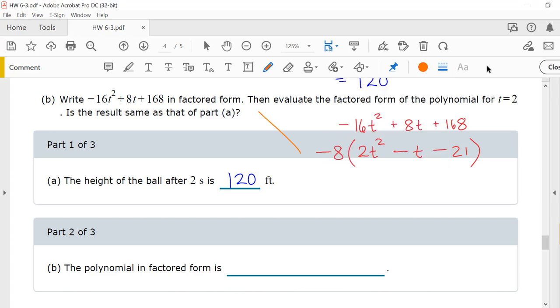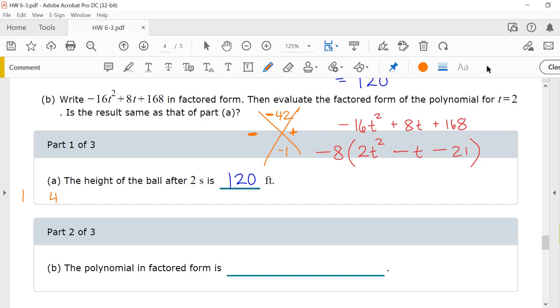The numbers for my x. 2 times negative 21 is negative 42. And the number on the bottom is going to be negative 1. This is negative, so one of them is going to be negative, the other is going to be positive.